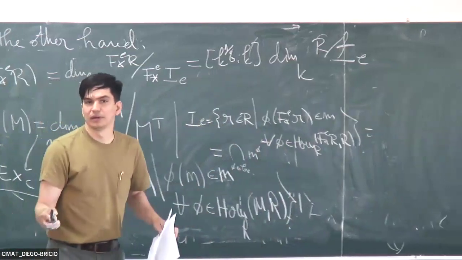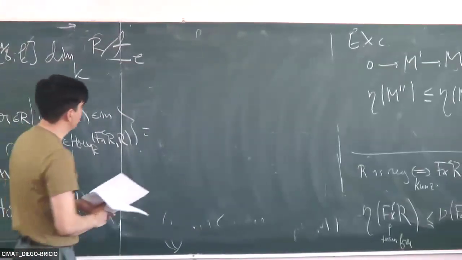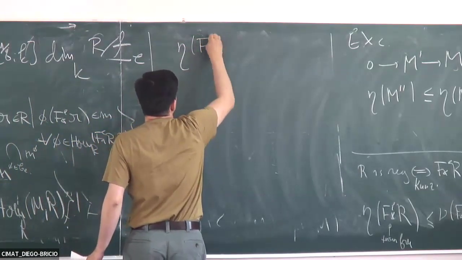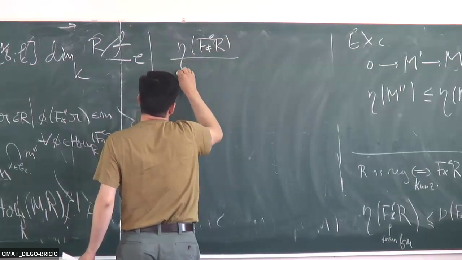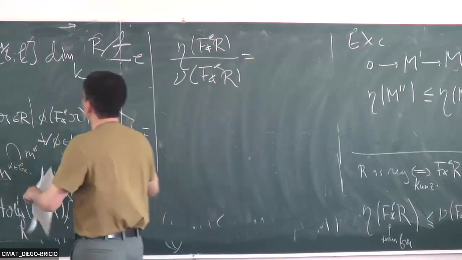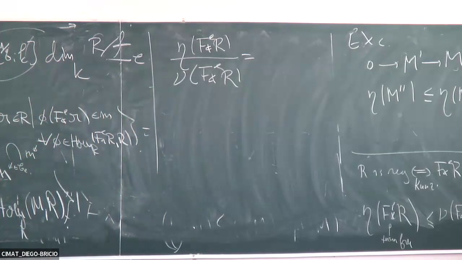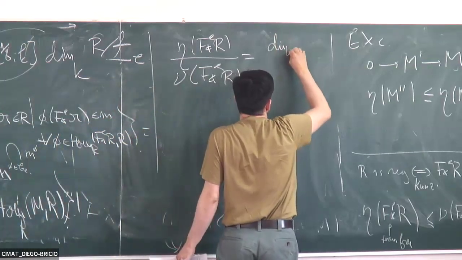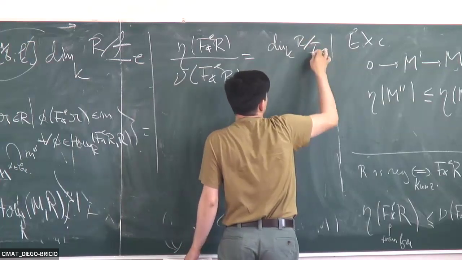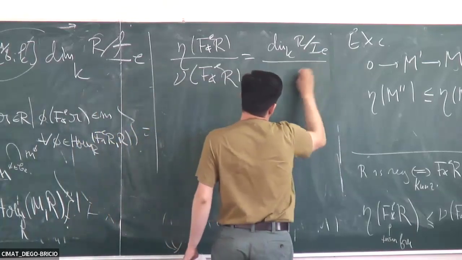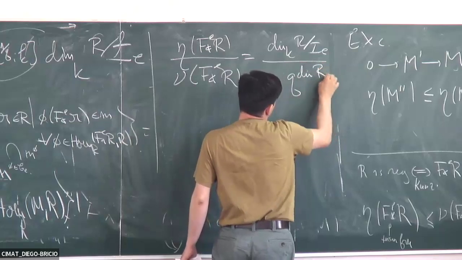Then when you compare the free rank of this thing versus its generic rank, well, now these two things are going to cancel each other. And you get the dimension, or co-length, that's the other name this has. This is called the co-length of I_e. And you divide by q to the dimension of R.